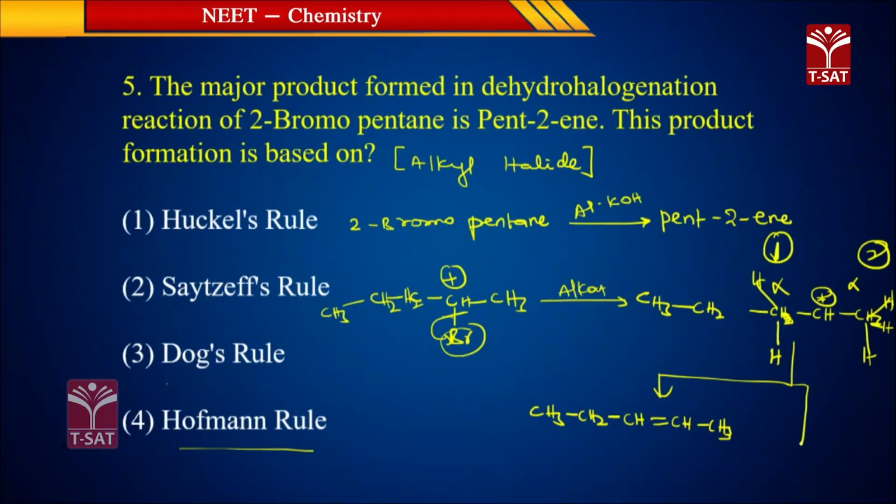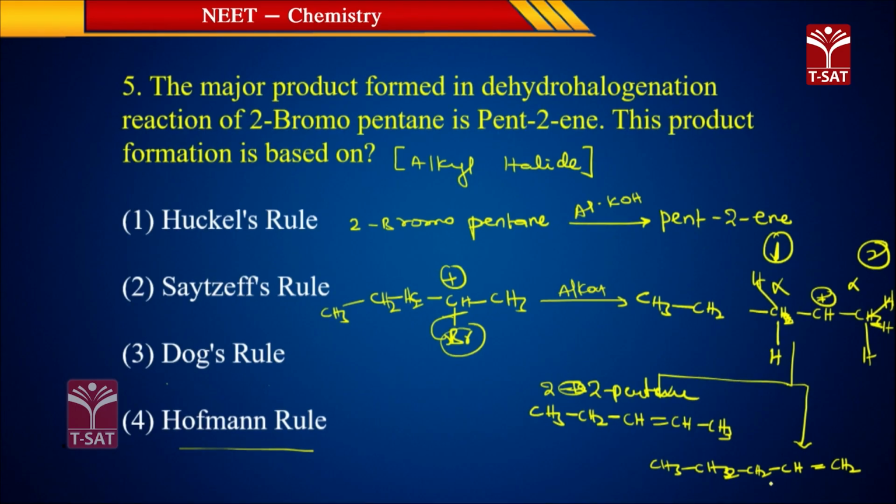If hydrogen is eliminated from the second one, the compound is CH3, CH2, CH2, CH double bond CH2. The first compound is pent-2-ene, what he tells.